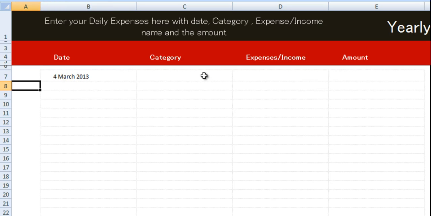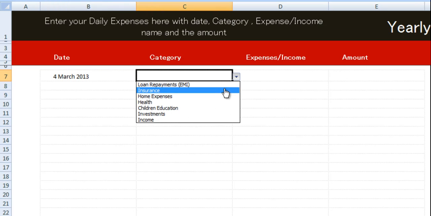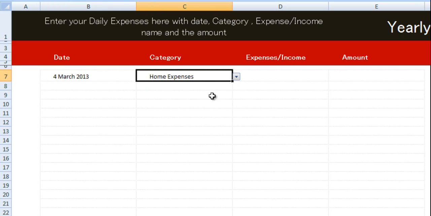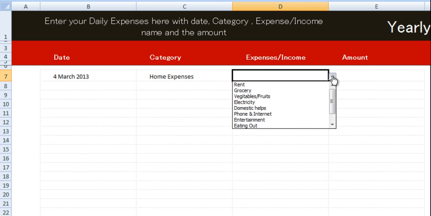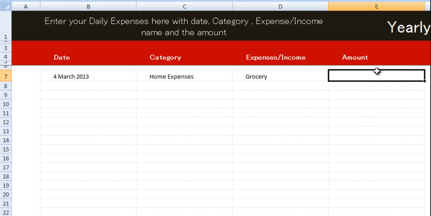It will convert it to 4th March 2013, and then you choose the category. You say that I incurred some home expenses, and then you choose that I paid for grocery. So let's say 500 rupees, and this is the first entry you have put. So you have spent 500 rupees on grocery.